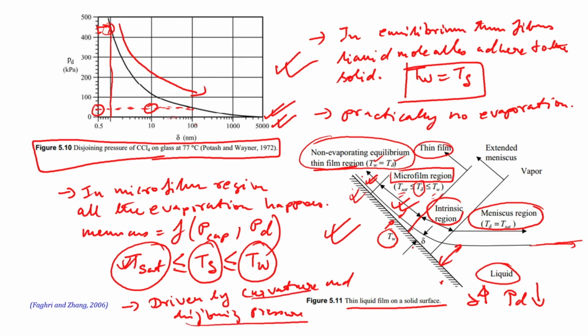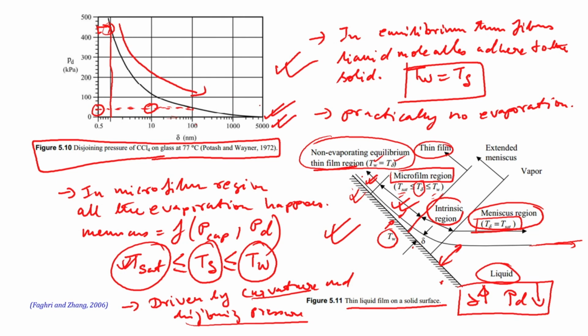Then there is a transition region, and then there is a thick film region, which is the meniscus region, where the temperature of the film is the same as the saturation temperature. Here, because of the large thickness of the film, the disjoining pressure does not play much of a role. We also established that as the thickness of the film goes up, the disjoining pressure effect comes down.